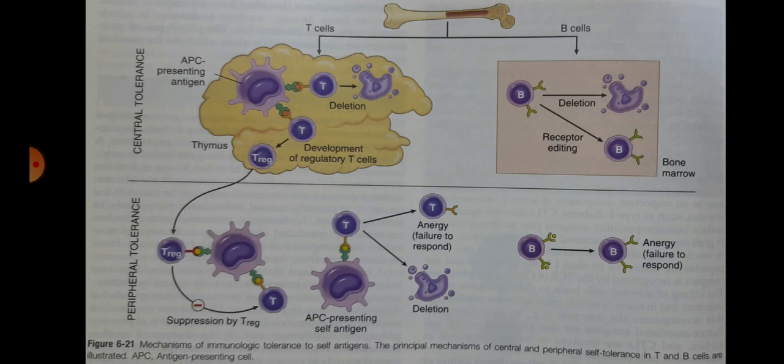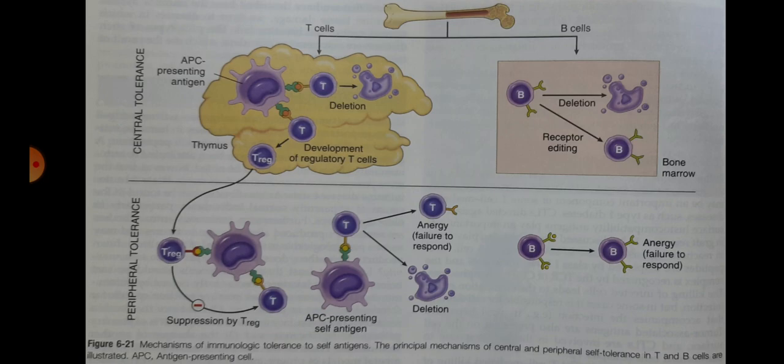Mutations in the AIRE gene are the cause of an autoimmune polyendocrinopathy. You will see this autoimmune polyendocrinopathy in chapter 24.